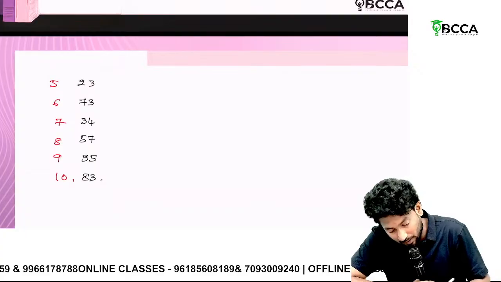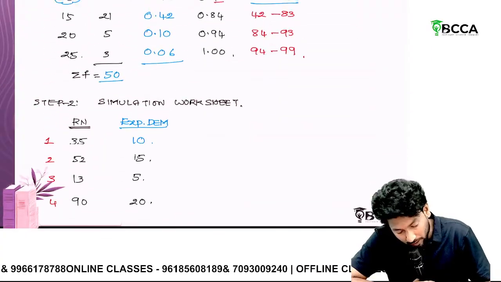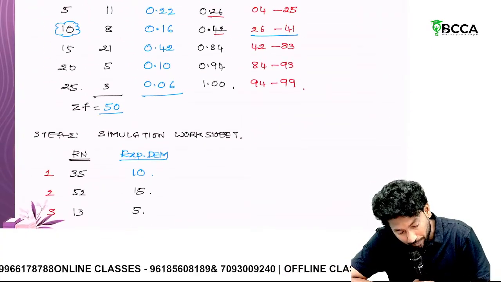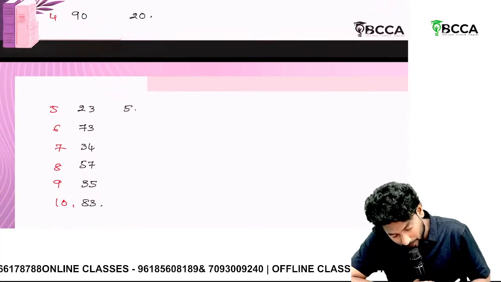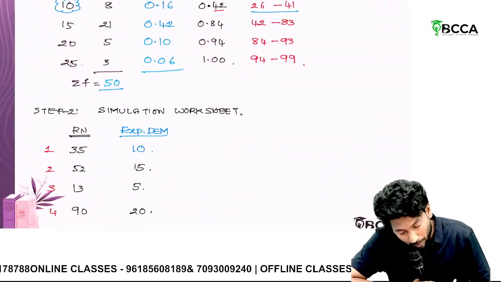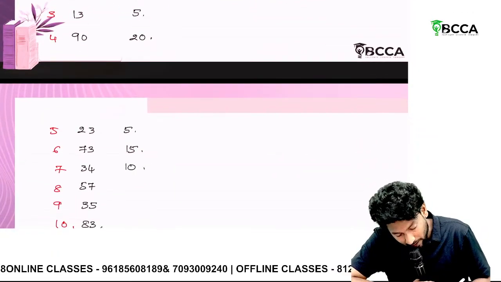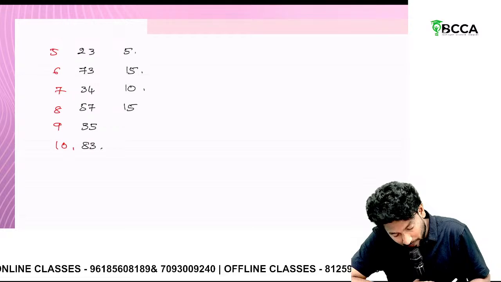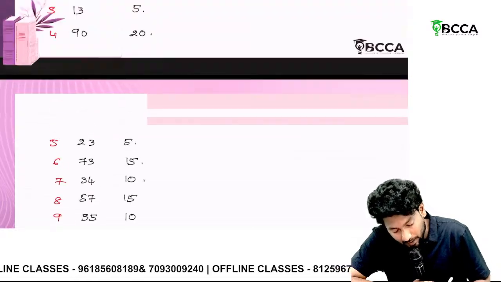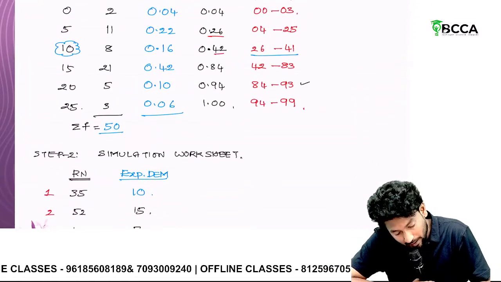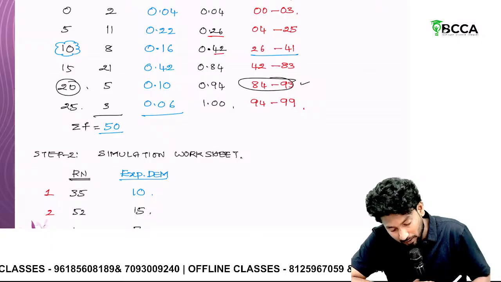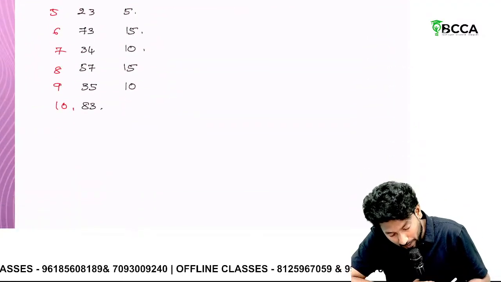Expected demand is 5 only. Sixth week, random number is 73: 15. For 34, 10. For 57, for 35, and for 83, this falls under this class interval. Like this, expected demand is 30, sir.